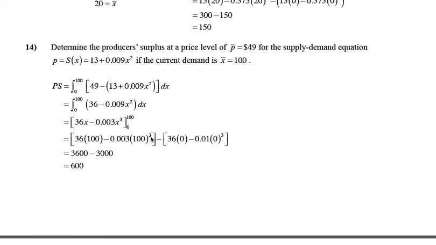Be careful, make sure that you only cube this 100 first before you multiply it by this coefficient. That'll give you 3,600 in the first term and 3,000 in the second, and the difference between those two is 600. Then, just as before, this term is going to be 0.